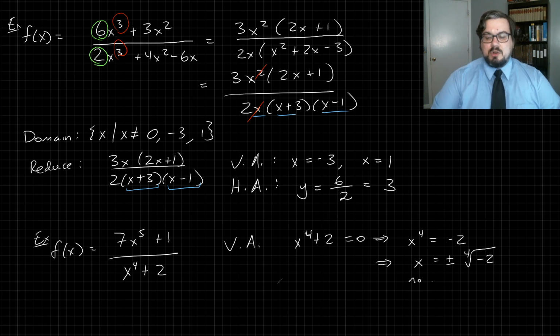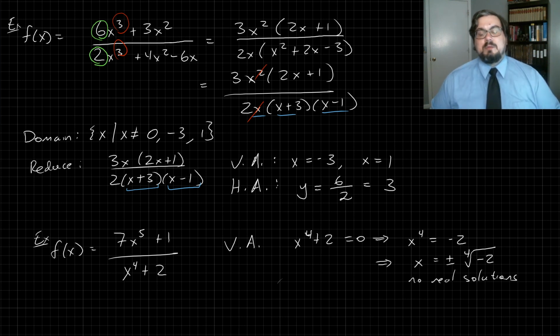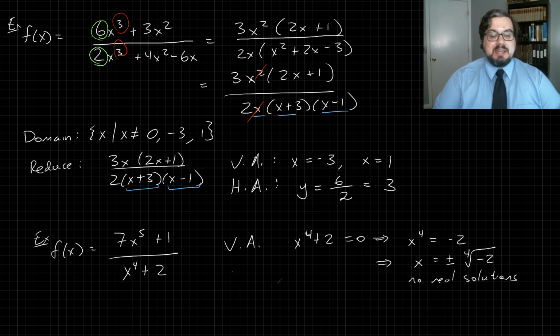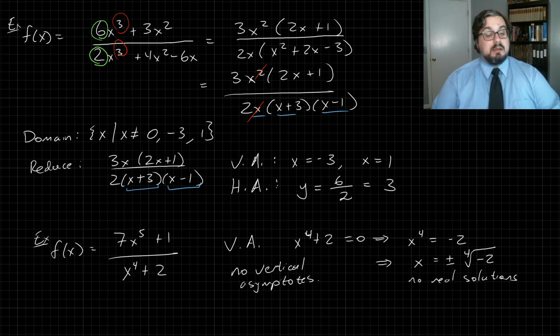But this has no real solutions, because we can't take an even root of a negative number. So that tells us that we have no vertical asymptotes. Okay, so this is one of our functions that simply doesn't have any vertical asymptotes.